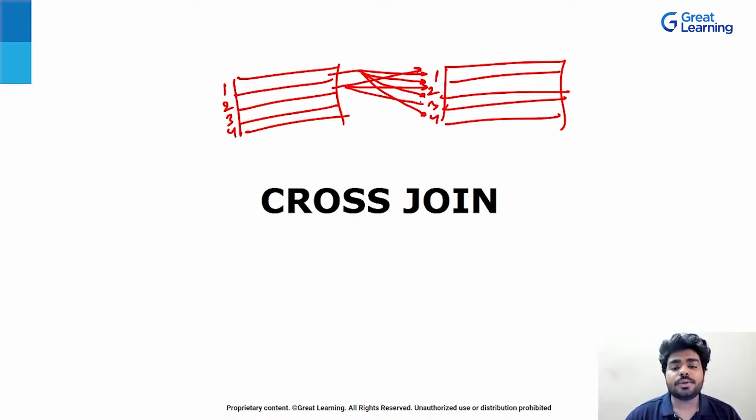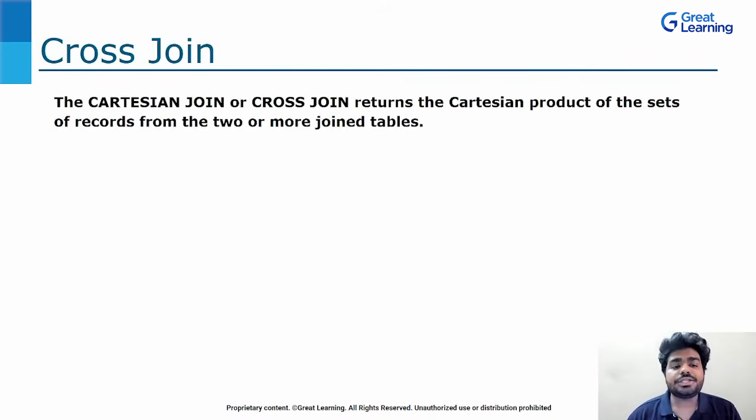So we are multiplying every row of one table with every row of the other table, right? This is what we also call Cartesian join or cross join. It returns the Cartesian product of the sets of records from the two or more joined tables.